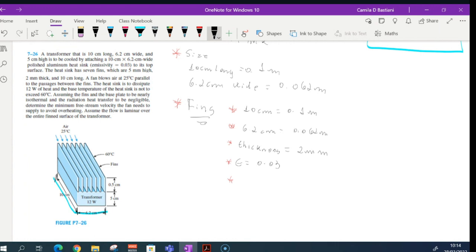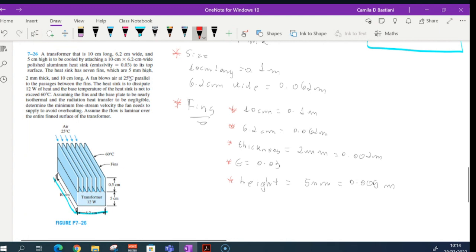What else are we told? The height of my fins is 5 millimeters. And I'm told that a fan blows air at 25 degrees Celsius.